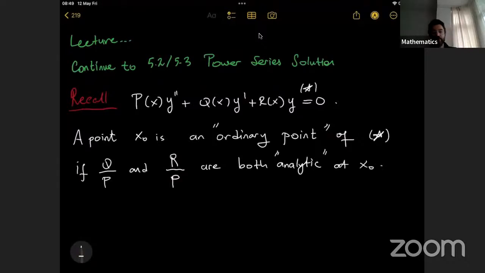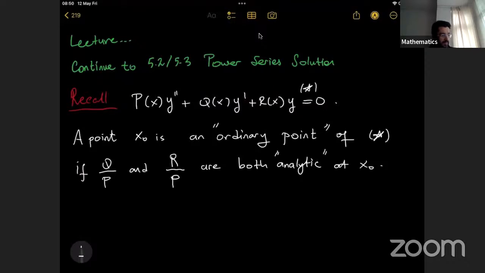Analytic means basically the power series expansion exists and it's equal to the function. Of course, it's not easy to check from the definition. What we do is we use the fact that rational functions are analytic whenever the bottom part is not 0, or polynomials are analytic. Sine, cosine, these are analytic functions. Exponential is analytic. So we use these basic functions to determine whether a function is analytic or not, okay?